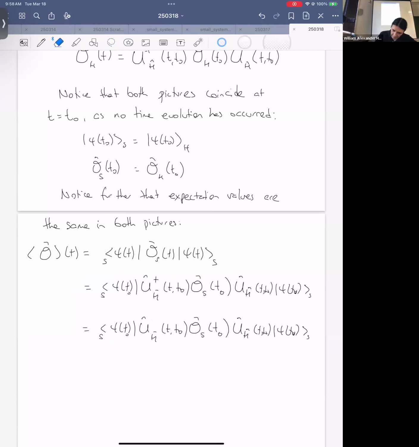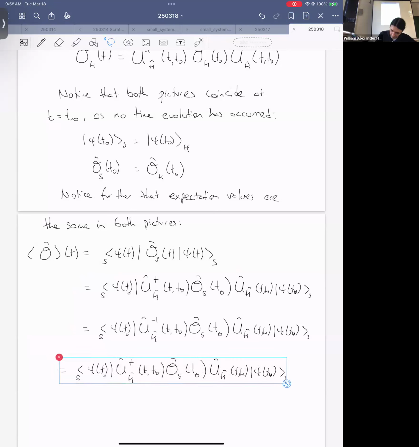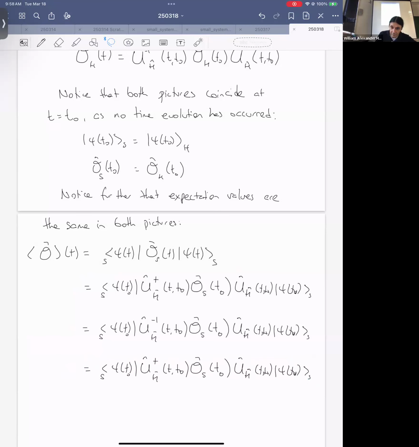So I replace my dagger with an inverse, which yields the similarity transform. And so this similarity transform leads to the operator in the Heisenberg picture at time t.